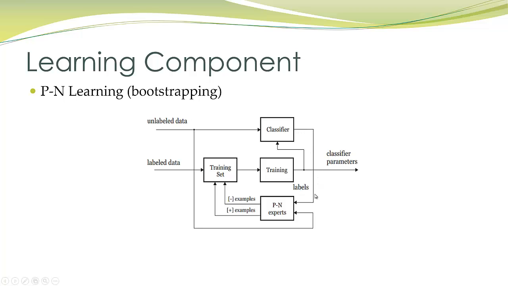Certain misclassifications can happen, so you let the results go through the PN experts. When the PN experts identify a misclassification, they correct the result and send it to the training set with the correct label. So this is a diagram of how this P-N learning works.